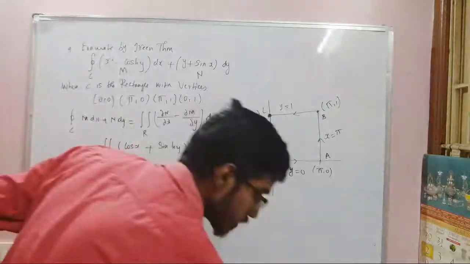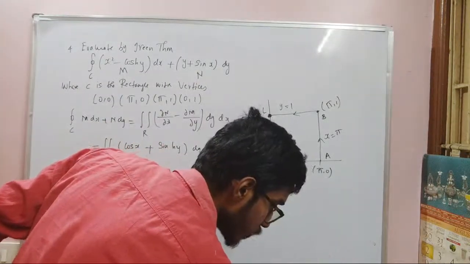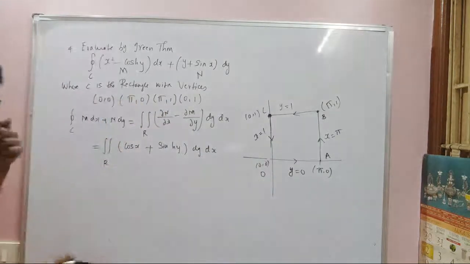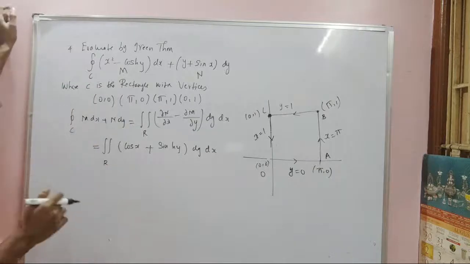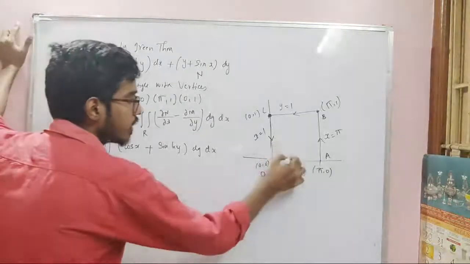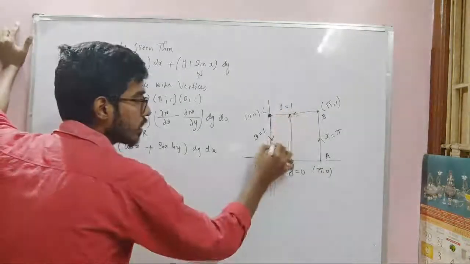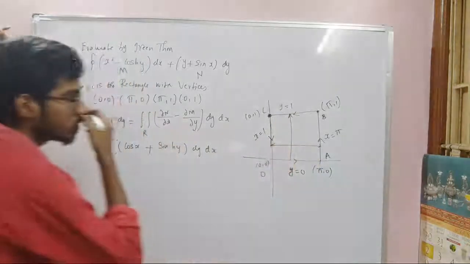You can see y has to be some function, with limits, and x has to be too. Overall, y varies from 0 to 1 and x varies from 0 to pi.